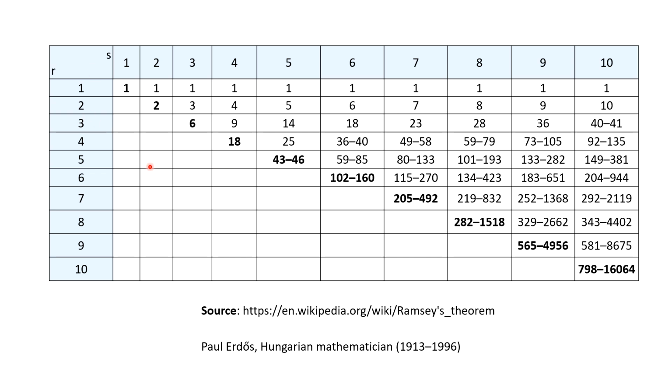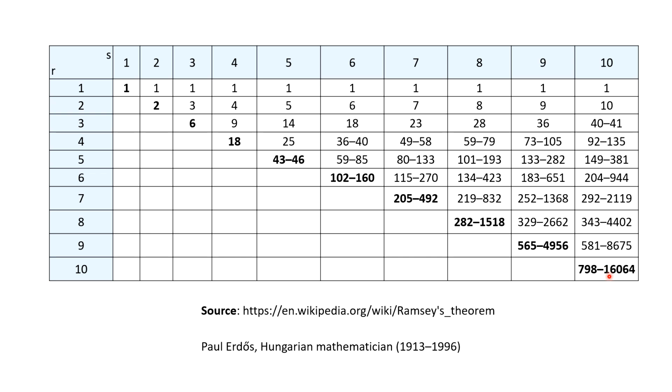The table I showed you earlier, I believe, went up to 6 and 6. These numbers are a little bit tighter. These are the ranges where we don't know the specific solution. And you can see that people have done work proposing ranges for different numbers here, 8 and 8, 9 and 9, even for 10 and 10.